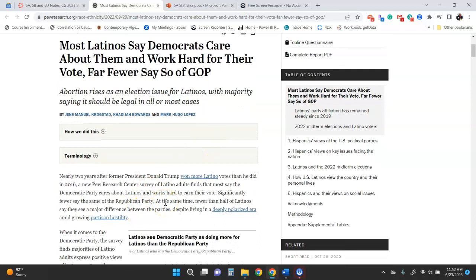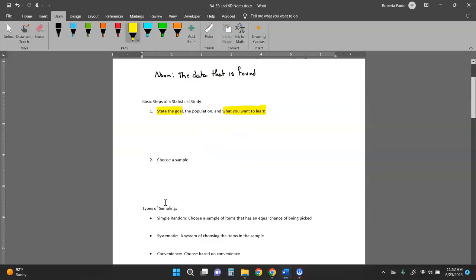There is a difference between a population and a sample. The population is always non-numeric data, whereas the sample is numeric data, or numeric information, I guess might be a better way to say it.